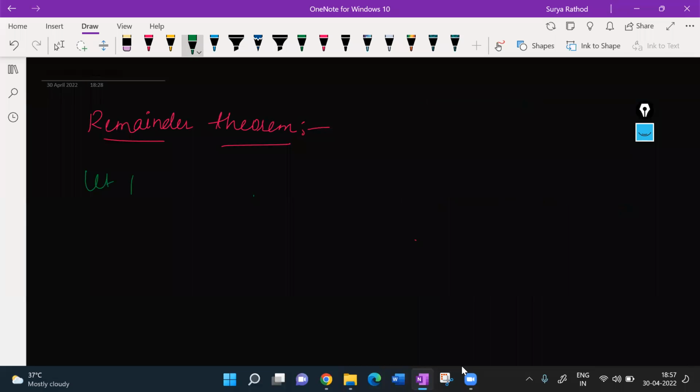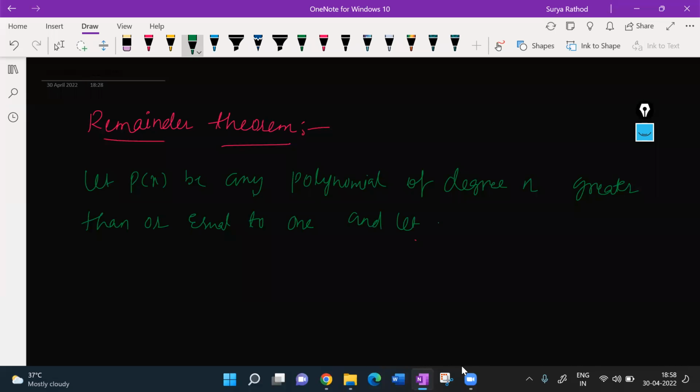Let p of x be any polynomial of degree n greater than or equal to 1, and let a be any real number.